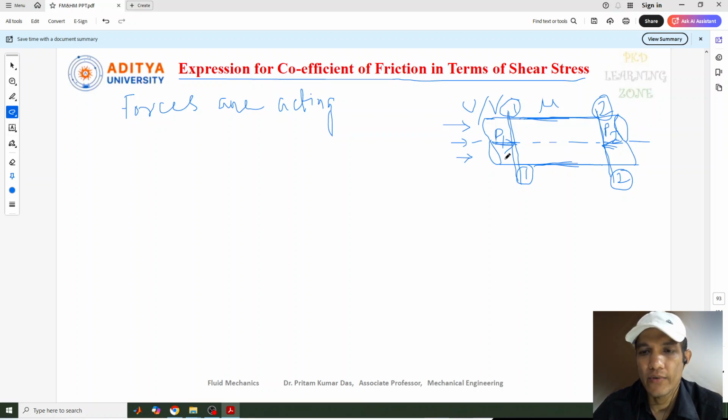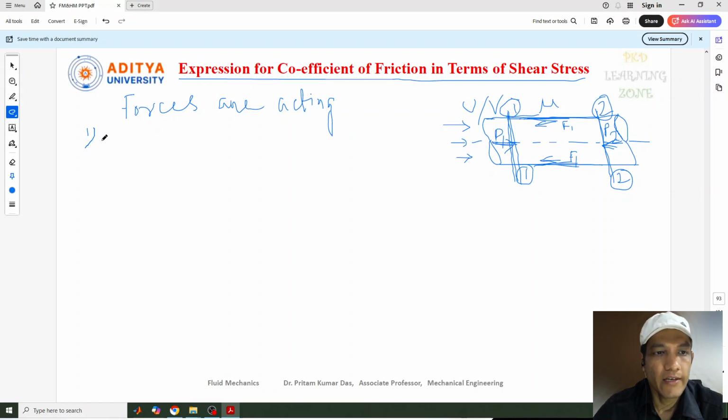The frictional force will also be opposite to the flow, and we can call it F1, or just F, no issue in that. So these are the forces acting in the fluid between section 1 and section 2.